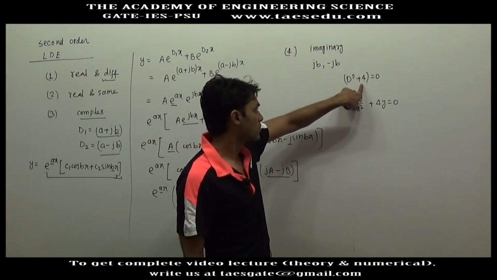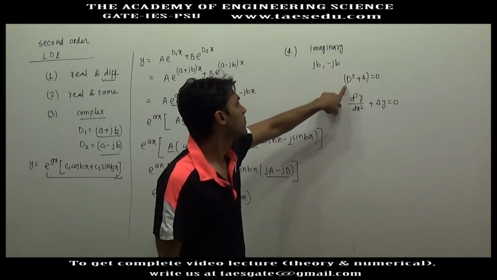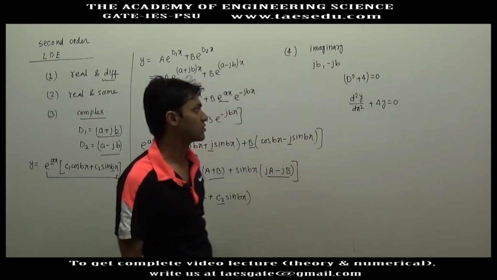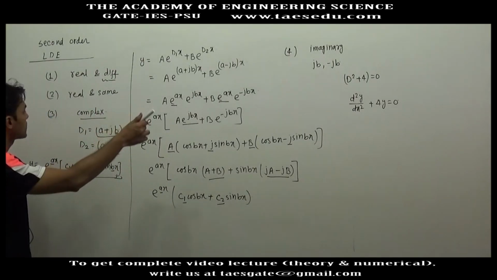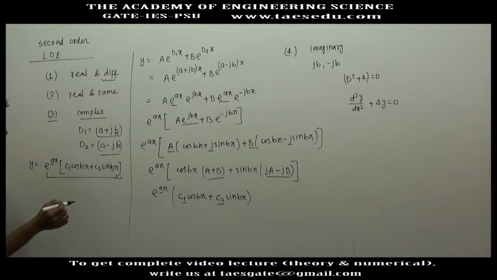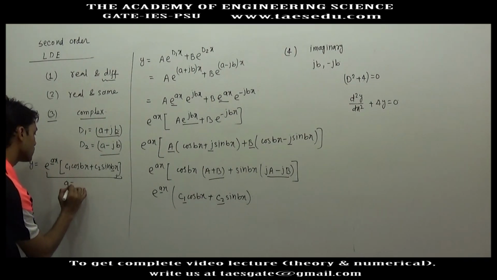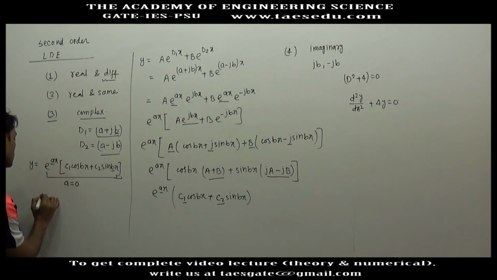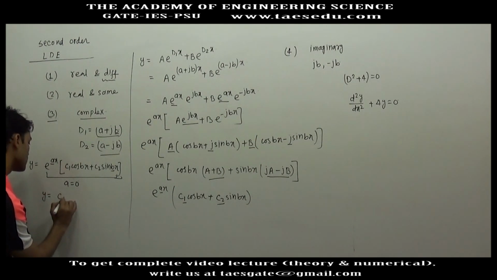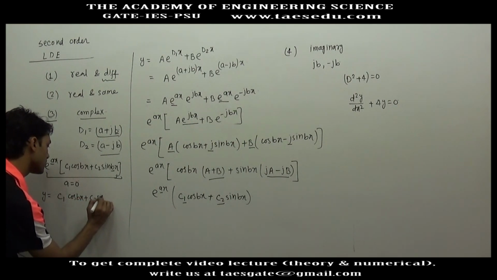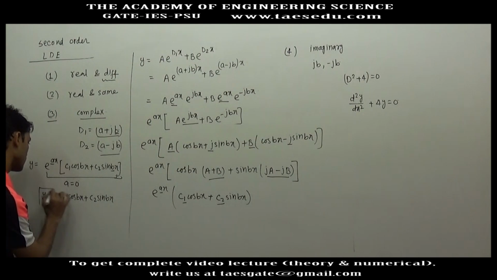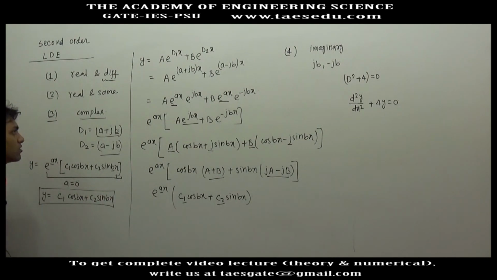So we will get d square plus 4 equal to 0, and d will be j2 and minus j2. Since the fourth case is a special case of the third case, we can use the general solution of the third case by putting a equal to 0. So if a equal to 0, y will be c1 cos bx plus c2 sin bx, if the roots for d are pure imaginary.